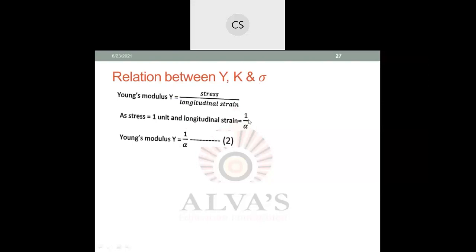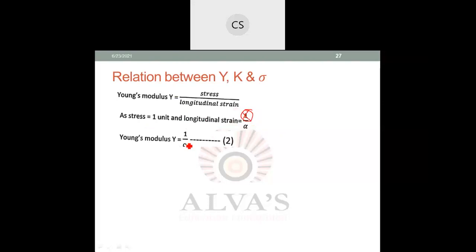Here there is a small mistake, correct it. This should not be 1 by alpha there. I made a typo error. So for unit stress, the longitudinal strain is given by alpha.